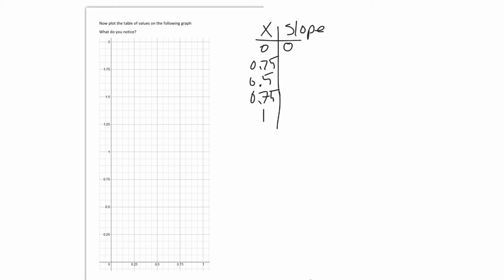Well, 0, this one was about, I'm going to round it maybe just to 1 decimal, 0.5, 1, 1.5, and 2. So let's plot those here. We'll have 0, 0, 0.25 and 0.5, 0.5 and 1, 0.75 and 1.5, and 1 and 2.